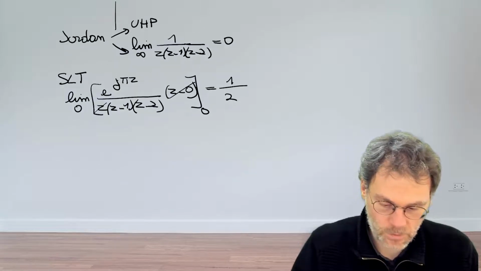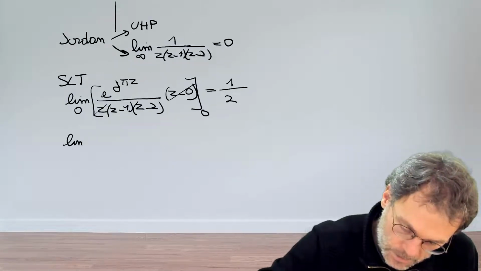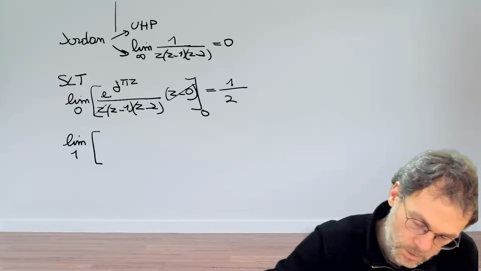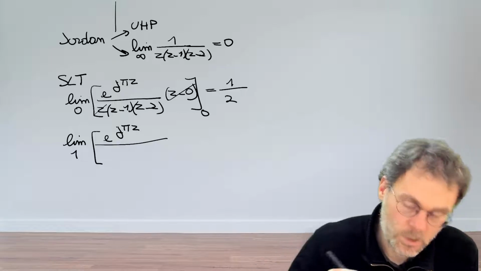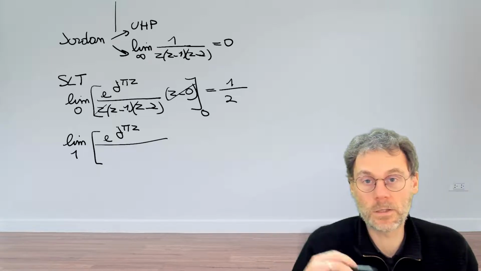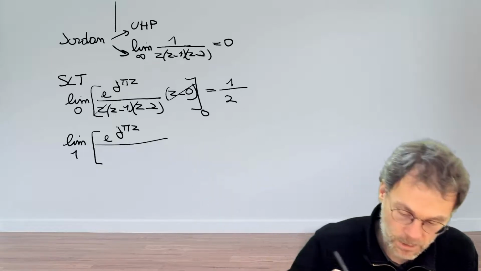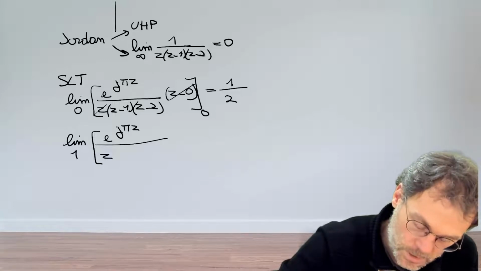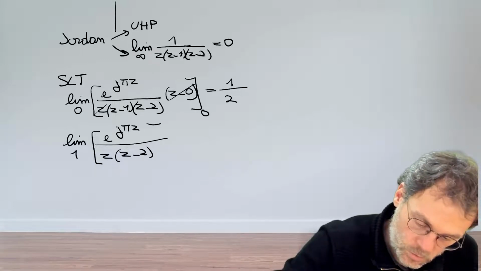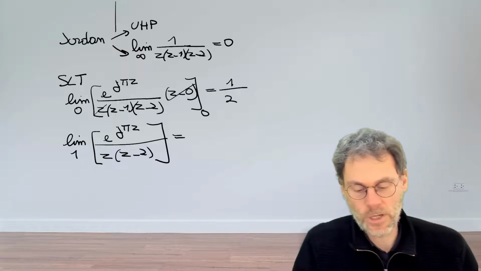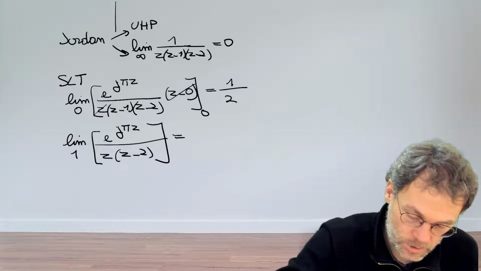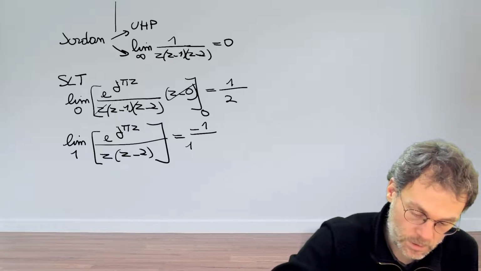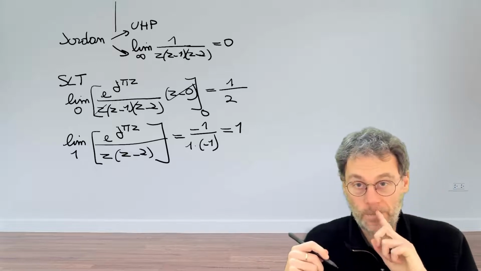Right, 1 down, 2 to go. Next up, the limit at 1 of exponential j pi z. And I'm going to immediately get rid of z minus 1, both in the numerator and the denominator. So we end up with z minus 2 here. Exponential j pi, that's going to be minus 1, of course. And then we have 1 times minus 1, so that is 1.